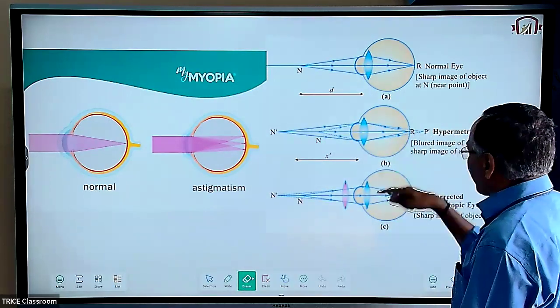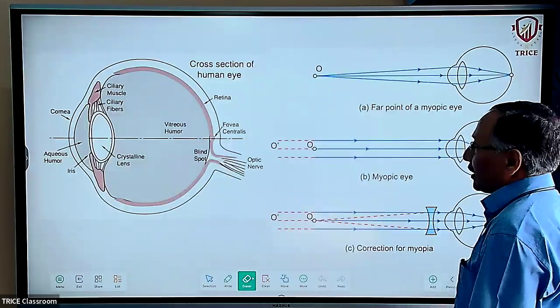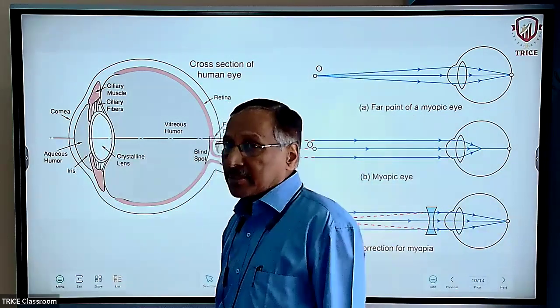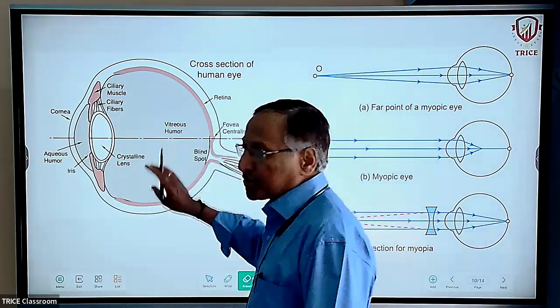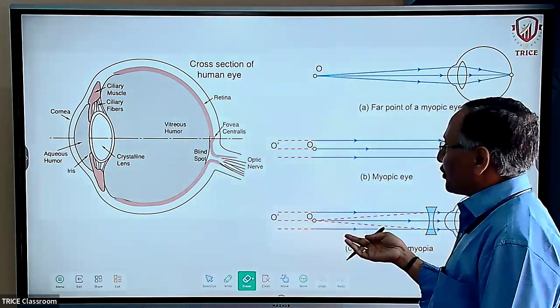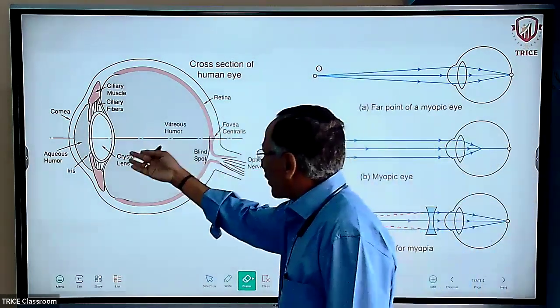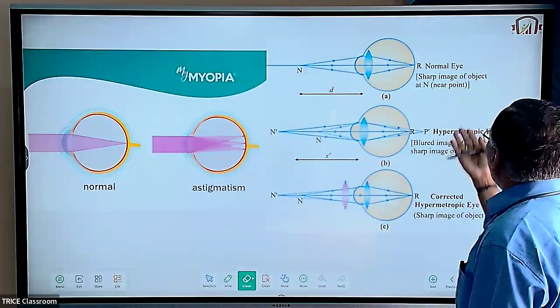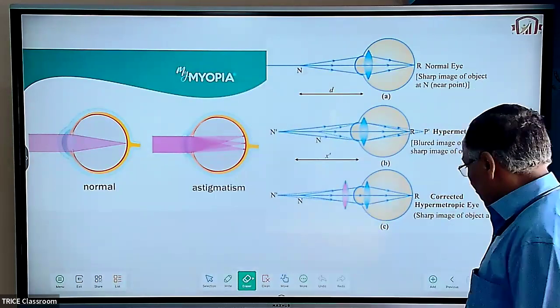What are the defects of the human eye? See, this is the crystalline lens that we have in our eyes. So here also refraction takes place. So we'll discuss refraction through a prism and refraction through the human lens, and all the defects of the eye, tomorrow. Okay.